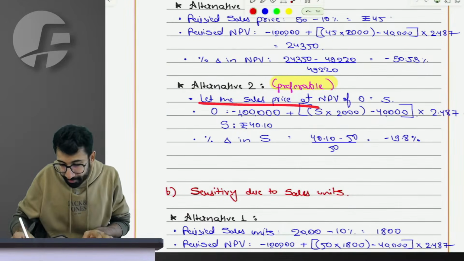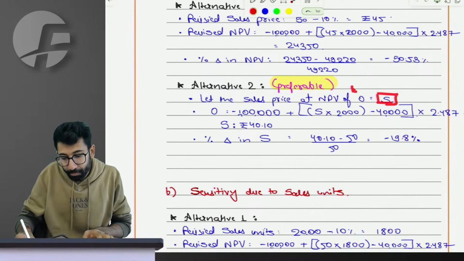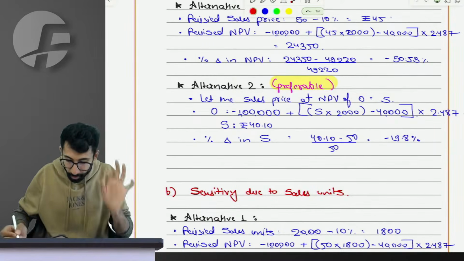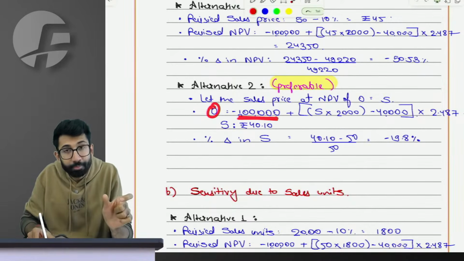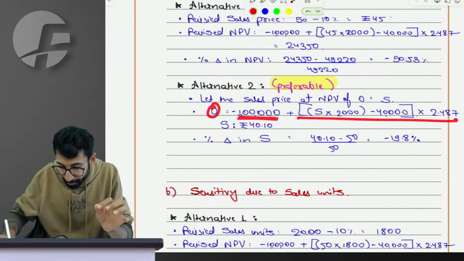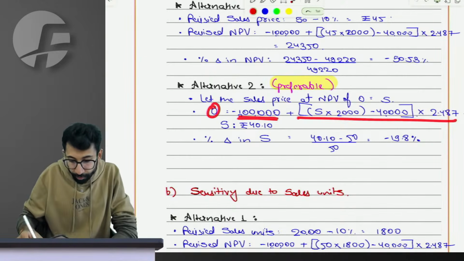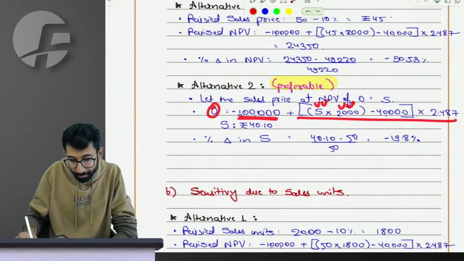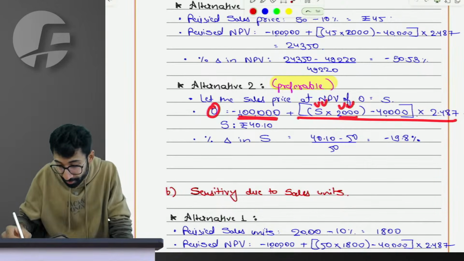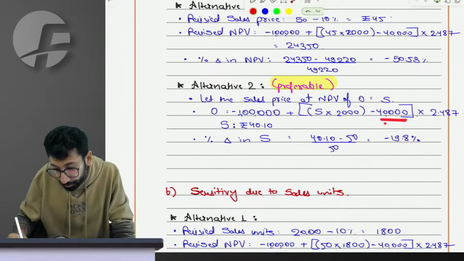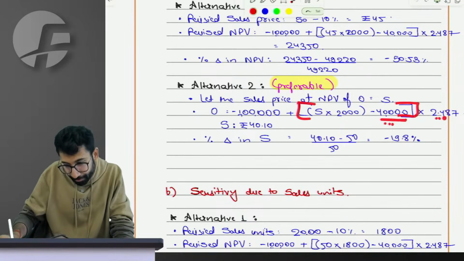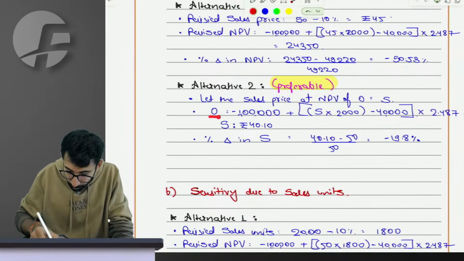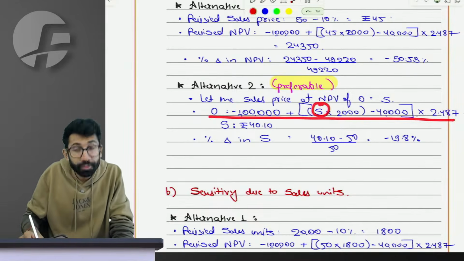So I will say let the sales price at the NPV of 0 be S. So what is the equation? 0 NPV is equal to the initial outflow of 1 lakh rupees plus the present value of inflow. What is the present value of inflow? Whatever is the sales price multiplied by my 2000 units, minus the fixed cost of 40,000 rupees, whole multiplied by the annuity factor. So to make the NPV 0, how much should the sales price be?